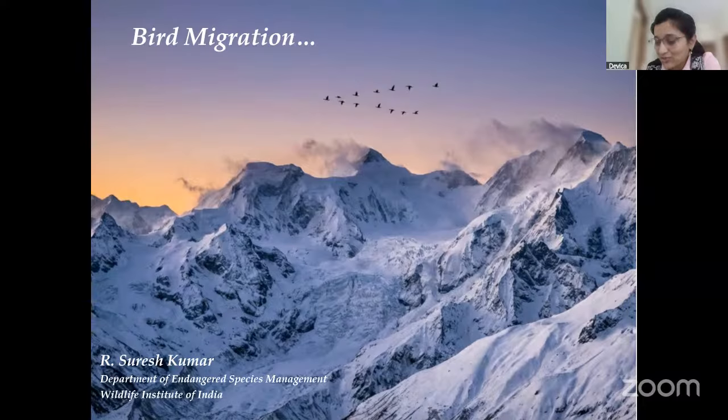So Dr. Suresh Kumar is a faculty and scientist at Wildlife Institute of India. Over the last 28 years, he has worked in different landscapes, right from the Himalayan mountains to the coasts in Lakshadweep and Andaman and Nicobar Islands. In his early years, he discovered a new subspecies of the Sclater's monal pheasant in northeastern India. And he has also worked on Arunachal macaques and the olive ridley turtles on the east coast.